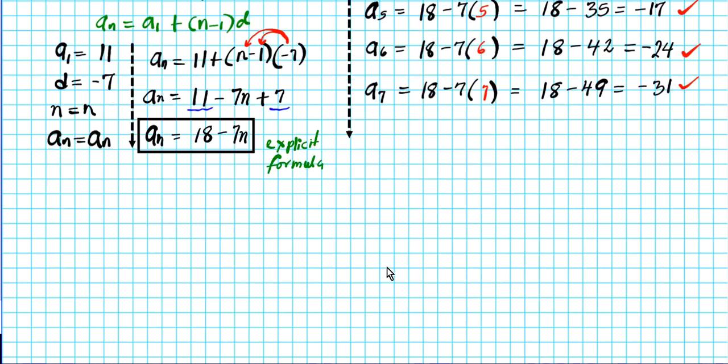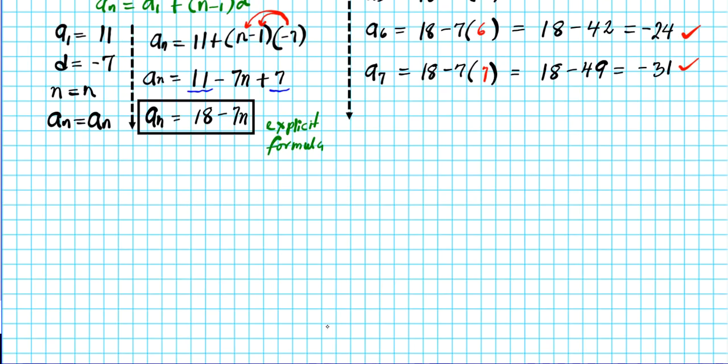Okay, so next thing we have to find is the recursive formula. So part E, we have to find the recursive formula. To find the recursive formula for this arithmetic sequence, let's write down what the general form for a recursive formula for an arithmetic sequence is.